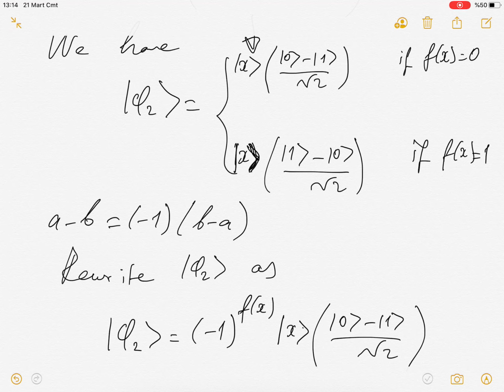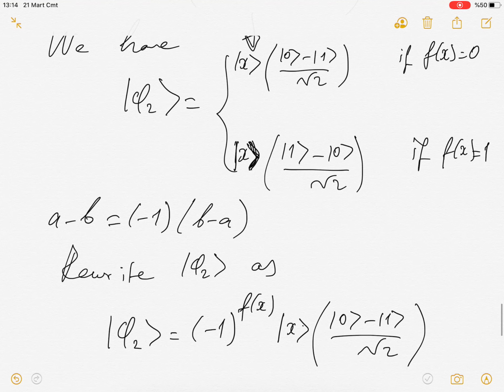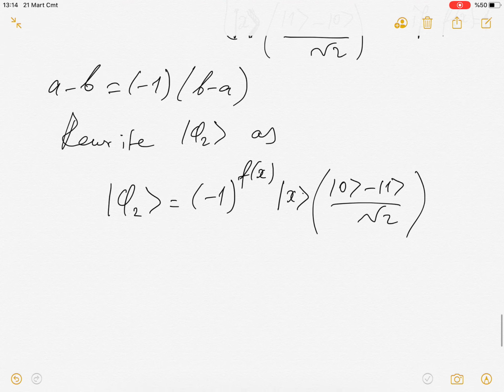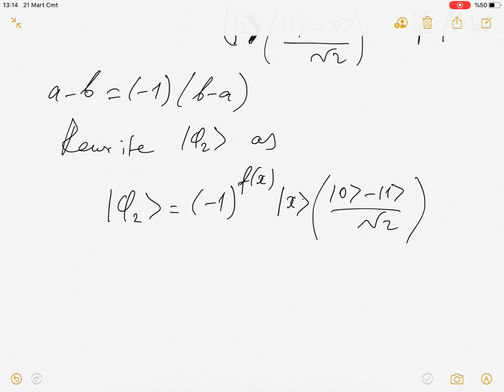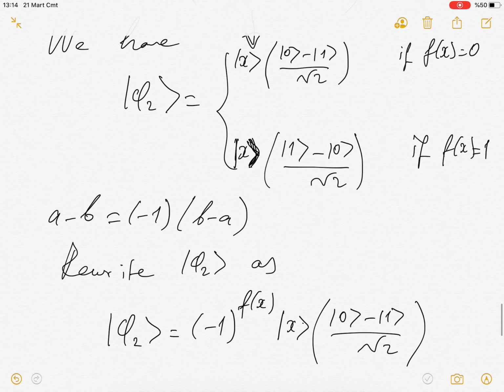It could be in either one of the superposition states with the same probability. So the second attempt also fails because it gives us no information about the characteristic of the function f.